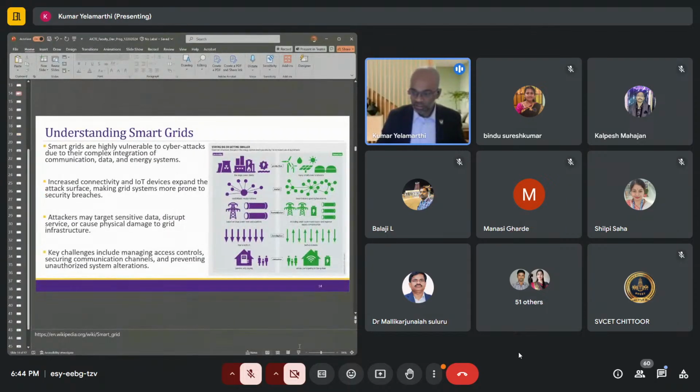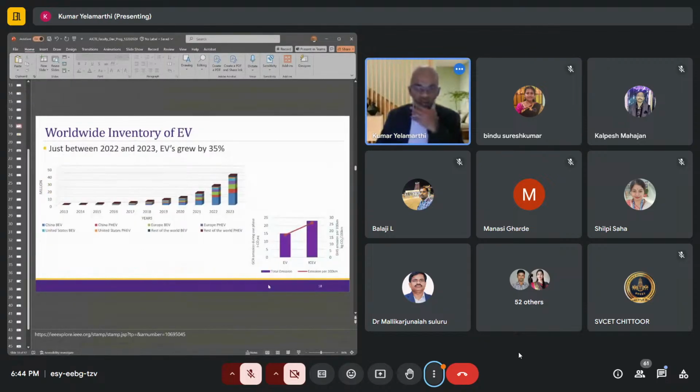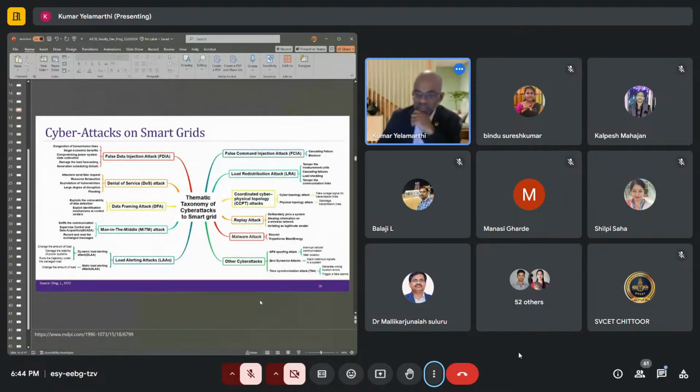So let me try the slideshow once and see how it works. Can you see my slide now? Yes, sir, that particular slide is visible, but not as a slideshow. I'm doing it as a slideshow, but okay. Let's stay with this one because I'm trying to present as a slideshow and it is not going through. So I will share my window and you can see the slides hopefully this way.